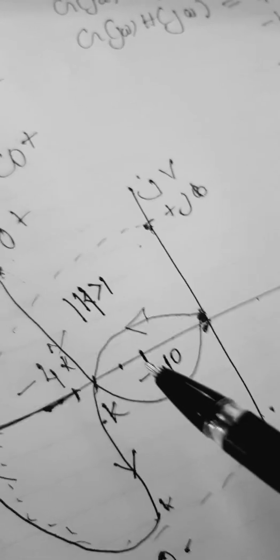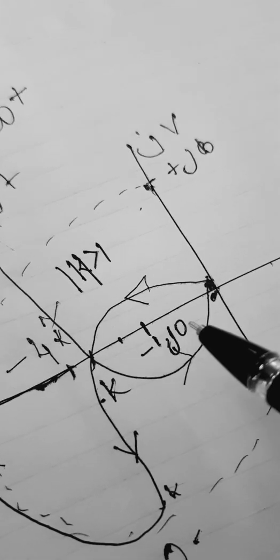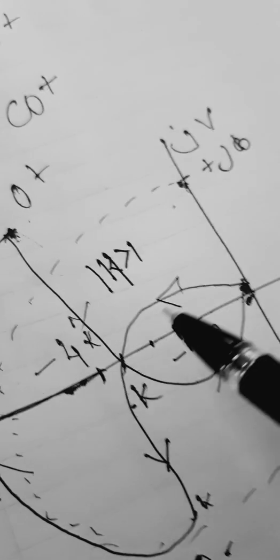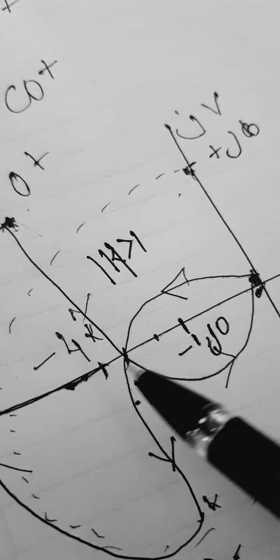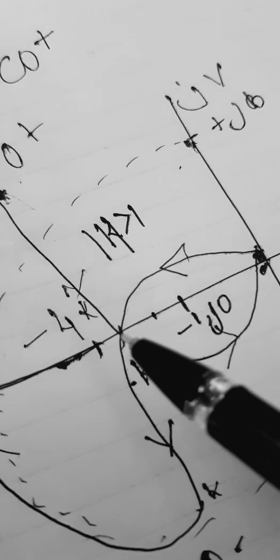K greater than 1 means minus k becomes less than minus 1. So this is the minus 1 j0 point, and the intersection is somewhat left of this.